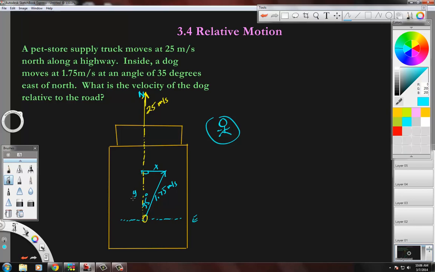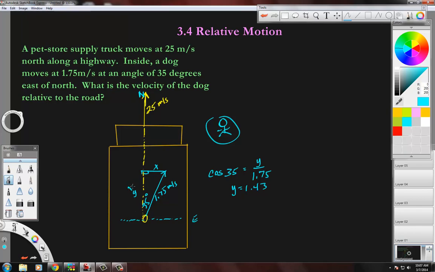So if we do Y, that would be cosine of 35 equals Y over 1.75, and we would multiply that. When you do that, you get 1.43. So Y would equal 1.43. And let's label this, and no matter how big I draw this truck, the data inside gets small, and you almost can't see it.